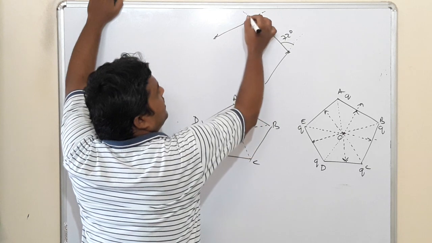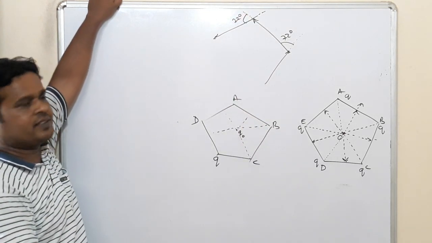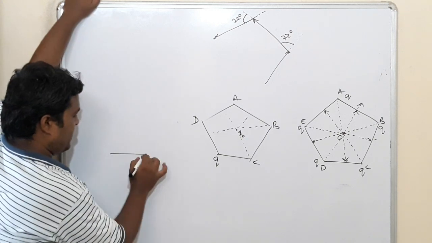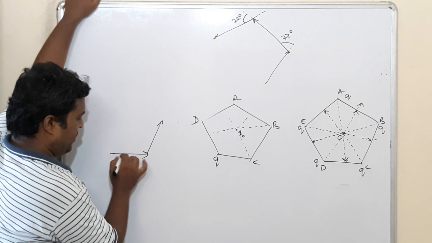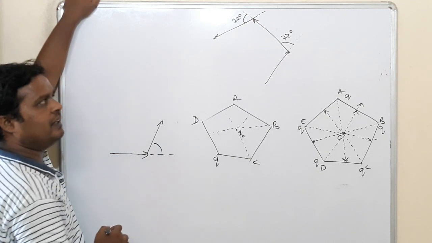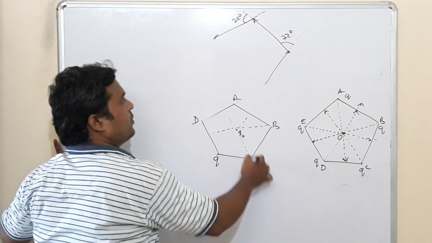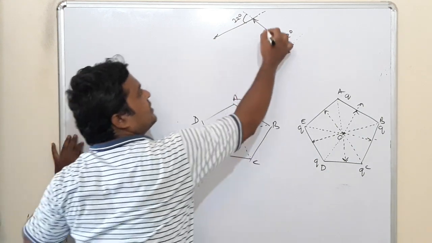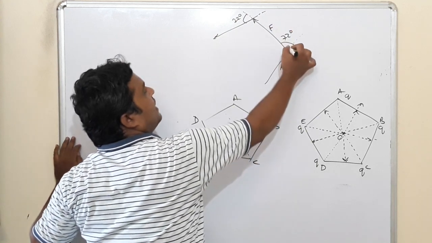In the forward direction, if I take the angle, this will be 72 degrees. Following this? If this is one vector, this is another vector, where is the angle between two vectors? In the forward direction I can take the angle here. This is the direction of the force exerted by this charge. This is F. All the forces will be equal to F.